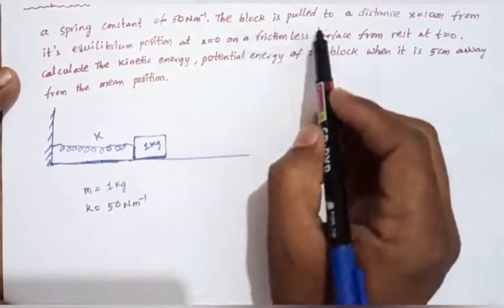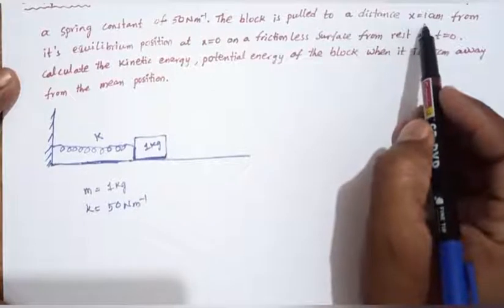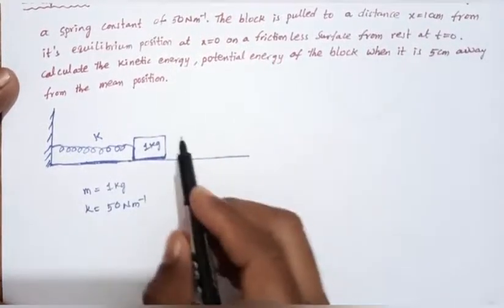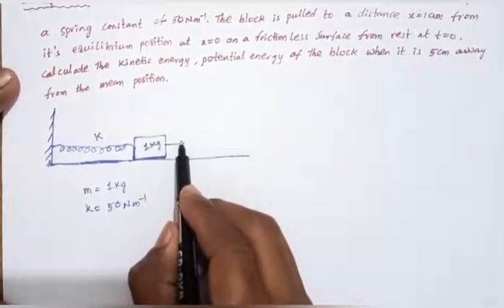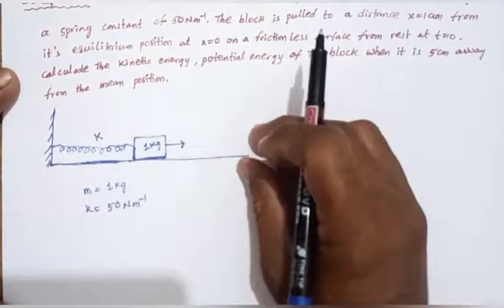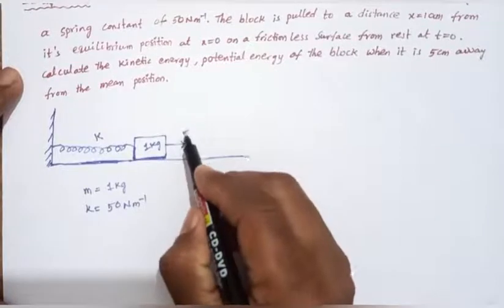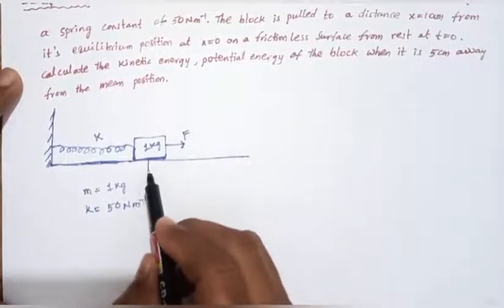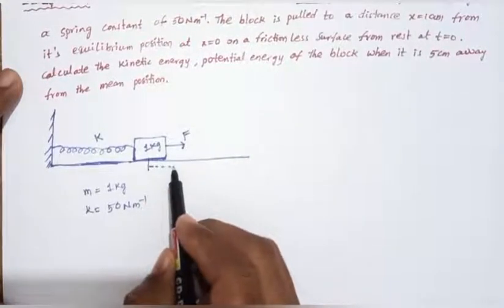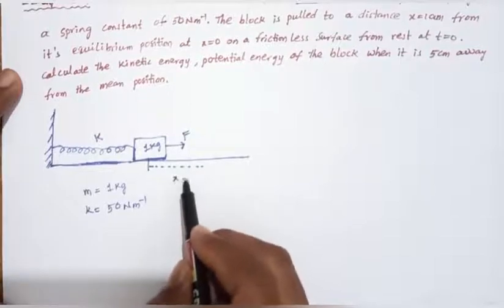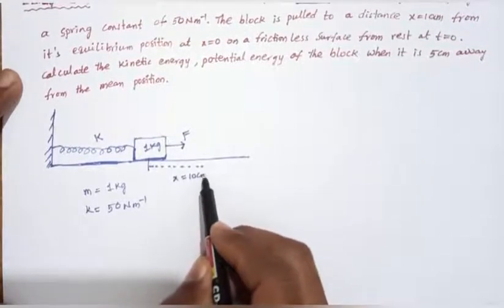The block is pulled a distance x equals 10 centimeters. Pulled means force is applied to the right side, so it is displaced from the mean position. So here x equals 10 centimeters.